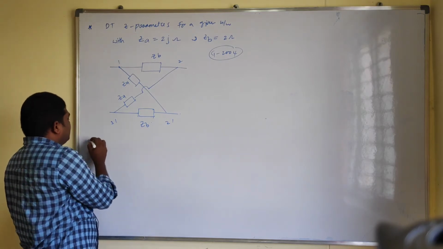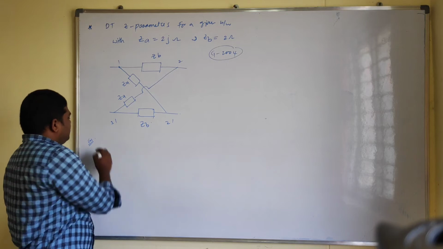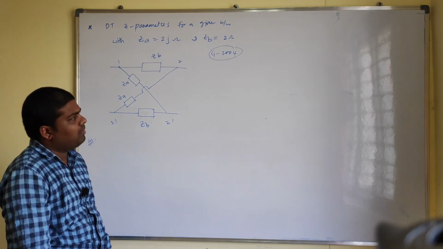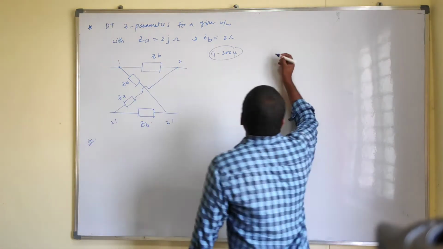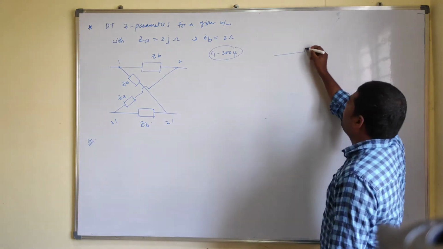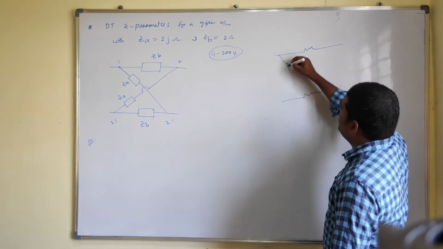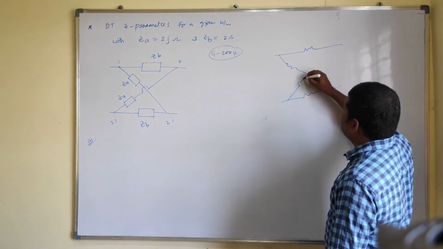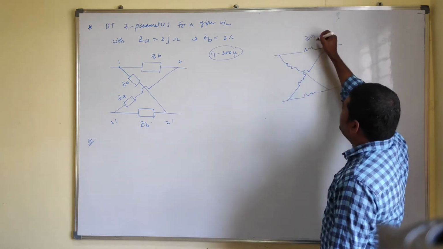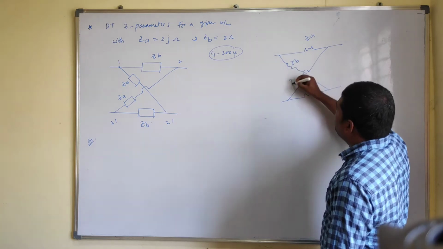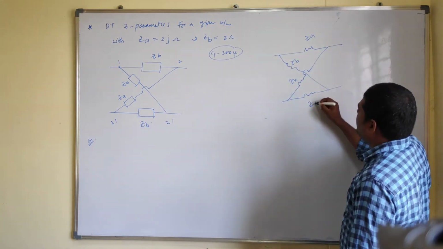Already we have one formula for this type of configuration. This one is ZA and this one is ZB, and ZB, and this one also ZA.